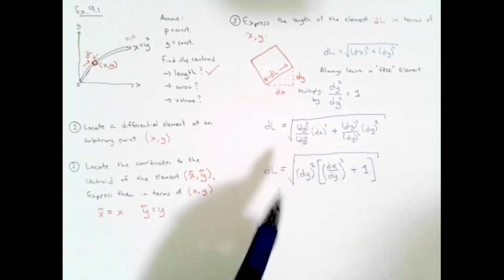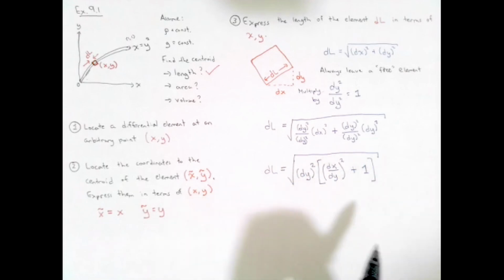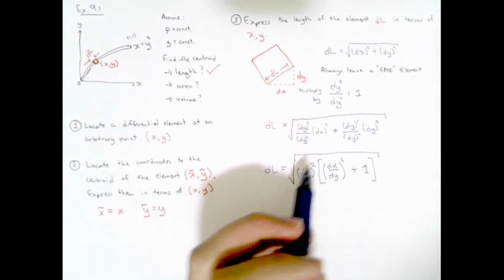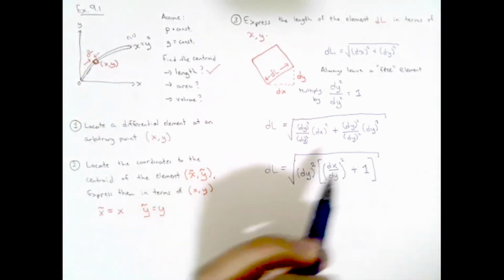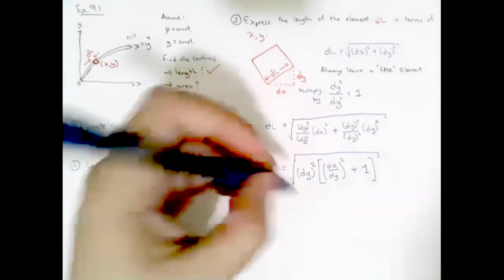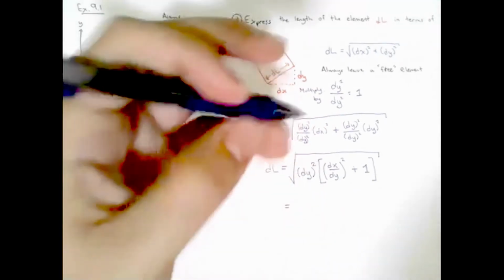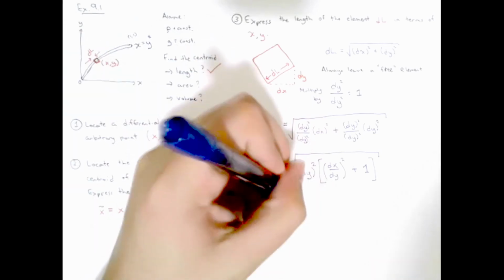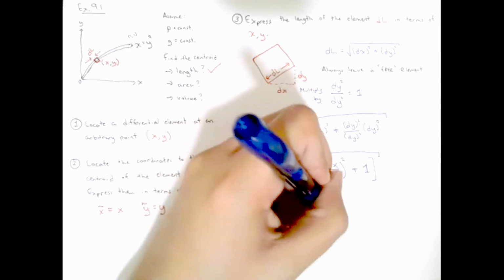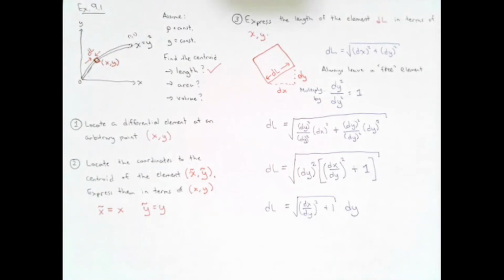You know that this is the same as dy times the square root of this term, because the square root of a product is equal to the product of the square roots, right? So the square root of dy squared is just dy, and I end up with an expression for dl equal to the square root of (dx over dy) squared plus 1, and all of that multiplied by dy.